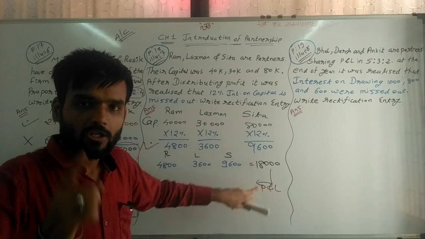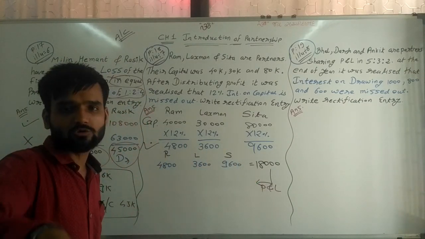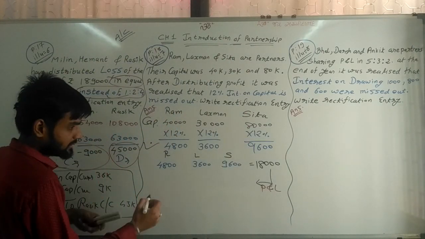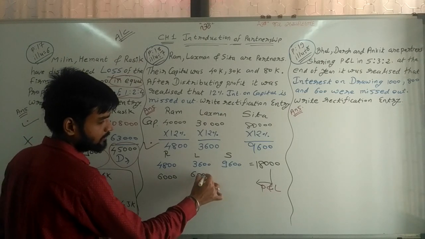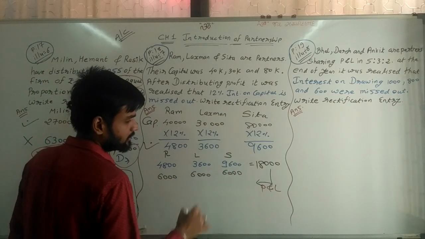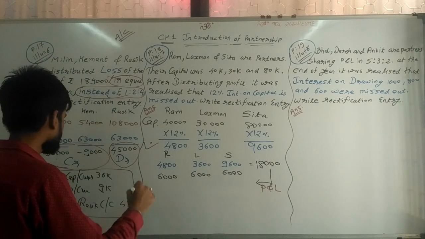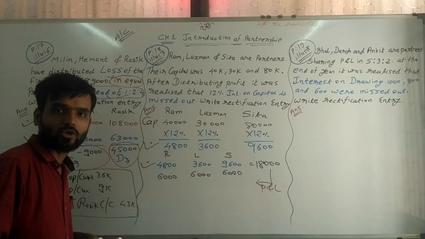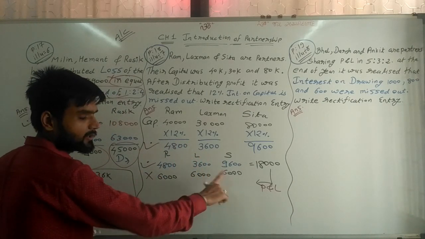So 18,000 we are distributing among 3. 18,000 divided by 3 is 6,000 to all partners. Now sir, this first one is the correct interest, and we have wrongly distributed in equal proportion.